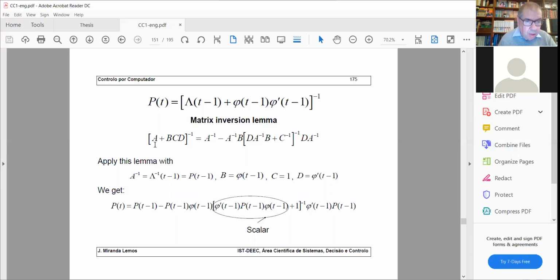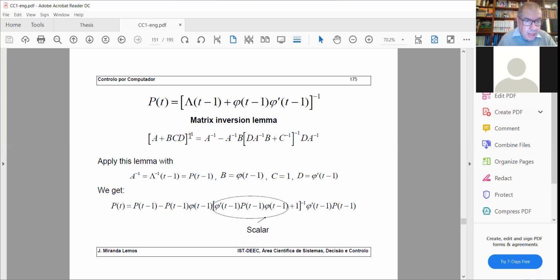If you want to invert the sum A plus BCD, and A, B, C, and D are matrices with compatible dimensions. That's the only thing that I ask. So A must be square, and the product BCD must be square of the same dimension as A. This imposes constraints on the dimensions of B, C, and D.